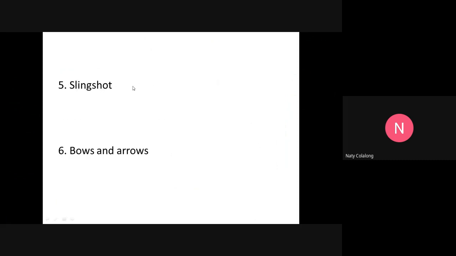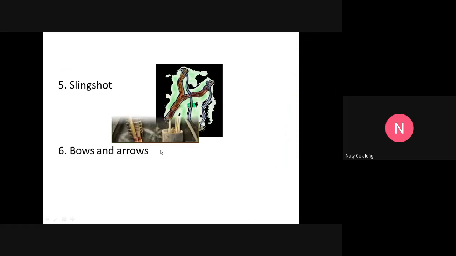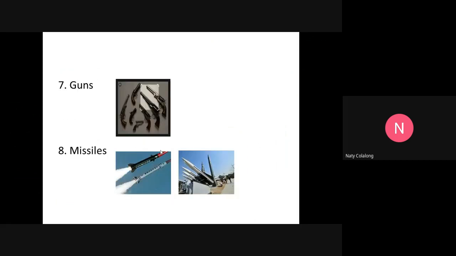And then, we have the slingshot. And then, we have the bows and arrows. And then, the emergence of guns and missiles.